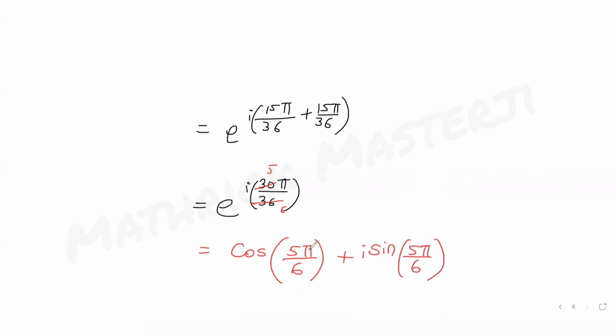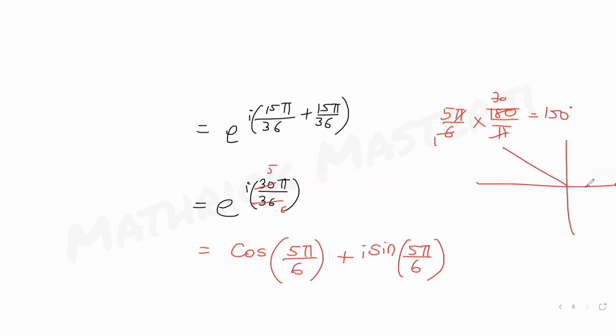Now once you have cos of 5 pi by 6 and sine of 5 pi by 6, if I convert 5 pi by 6 into degree form so that you understand better, you get the angle as 150 degrees. And we already know when we have the angle as 150 degrees, it is in the second quadrant. So when it is in the second quadrant, we can use the idea of pi minus theta.